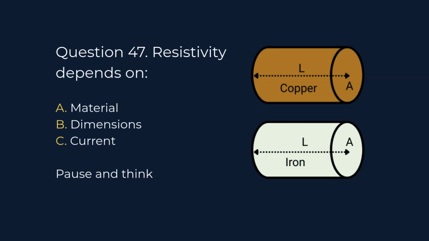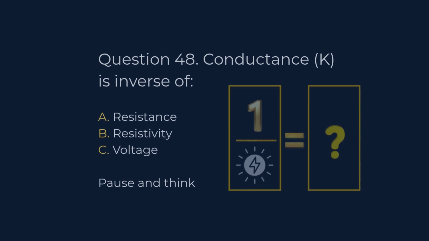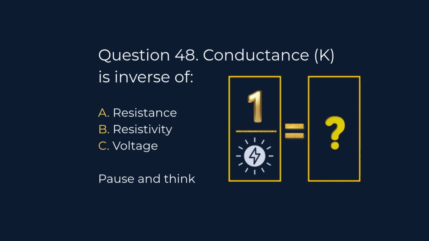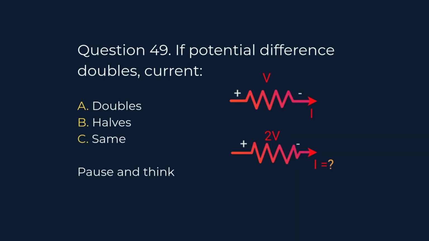Question 47. Resistivity depends on A, material, B, dimensions, C, current. Question 48. Conductance is inverse of A, resistance, B, resistivity, C, voltage. Question 49.